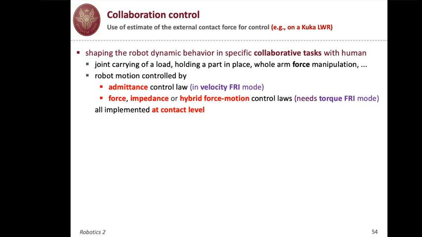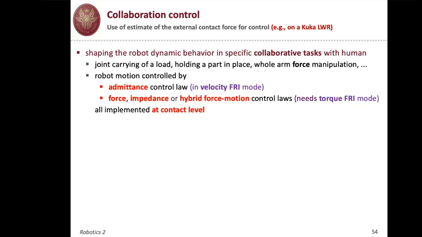And the new thing with respect to what we have seen so far, so controllers that work in the joint space or in the Cartesian space or in the task space, well, this may be classified as a generalized task space, and the task space is, in fact, the contact point. So at the contact point, you can associate a frame, and then you can decide what to do with your estimation of the force.